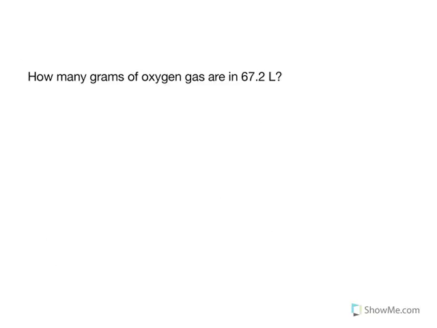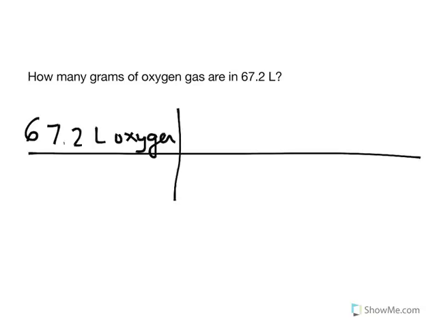The next example problem is how many grams of oxygen gas are in 67.2 liters. So if we start with the number and unit we're given, 67.2 liters of oxygen, we first remember our conversion factor that 1 mole of any gas is equal to 22.4 liters of that gas.